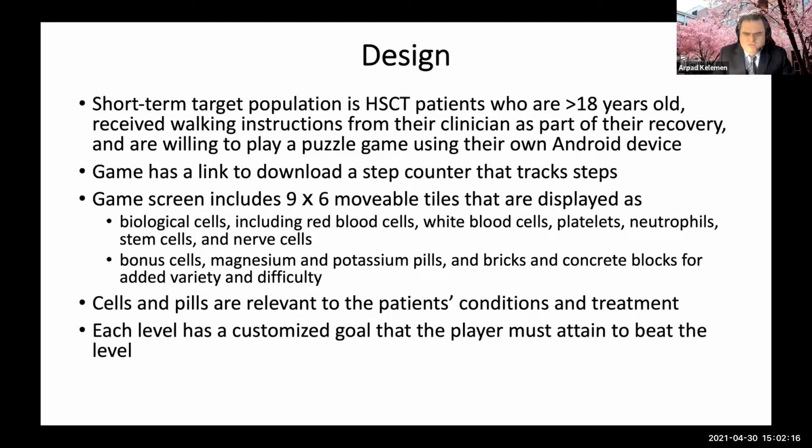We also added various other difficulties in graphics, such as bricks and blocks, which are only to make the logical challenge harder for them. We made a decision not to include cancer cells specifically, not to remind them of their condition. And we have a total of 23 levels. Each level has a different winning condition, so they are not the same. Next slide, please.